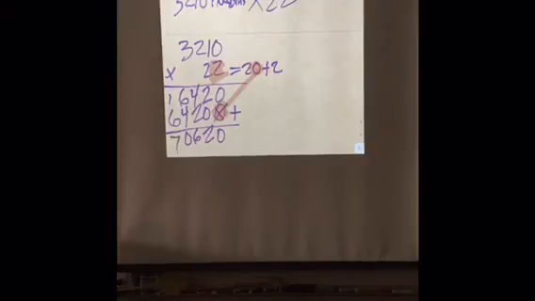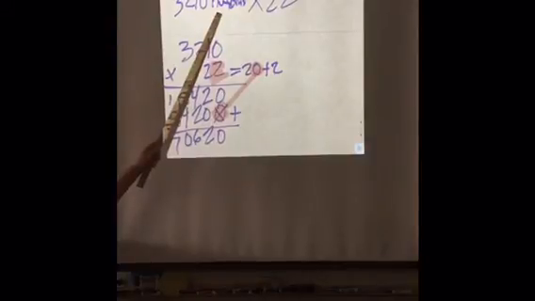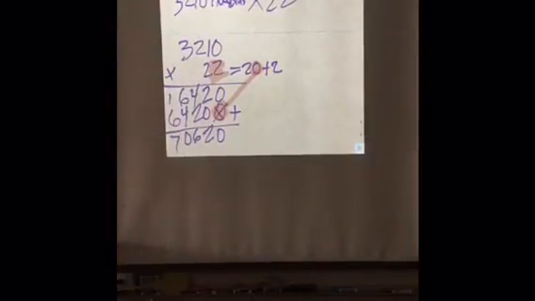Then 7. And what are we multiplying with? Hundredths. Hundredths, right? So how many places are in back of the decimal? 2. So here's my 2 places, right? And my decimal would go in front of the 2.